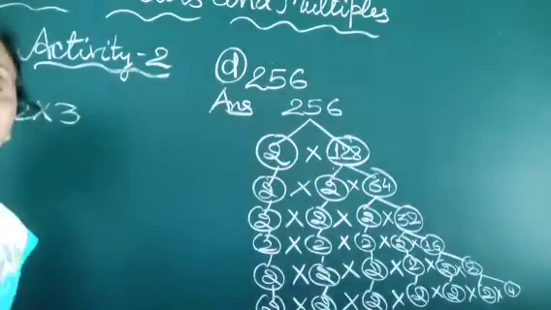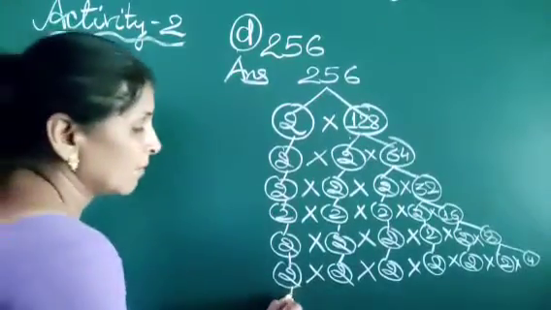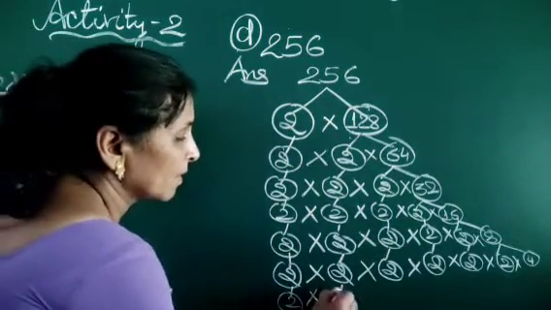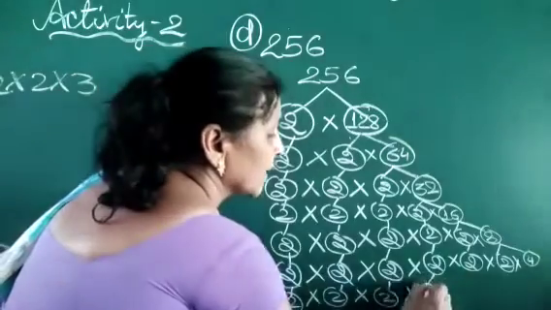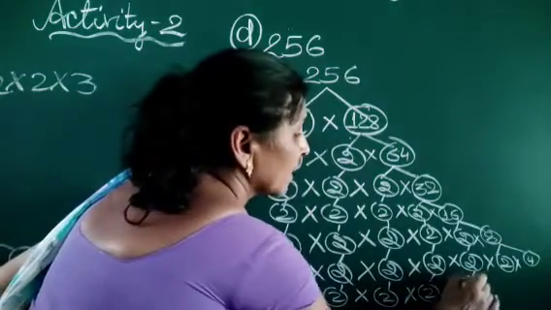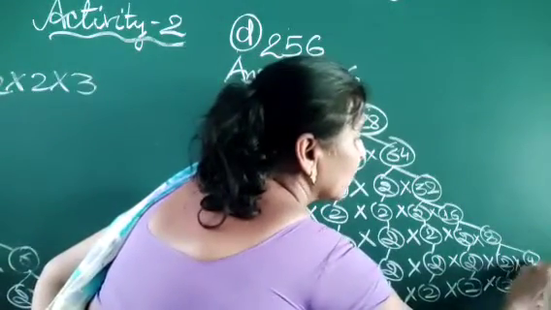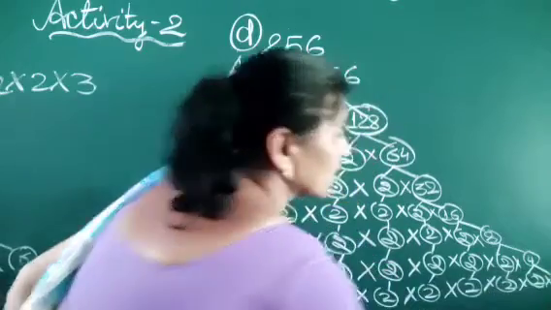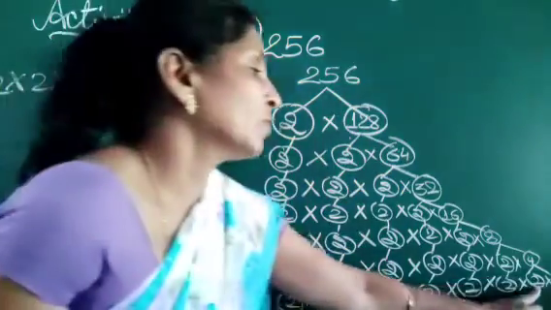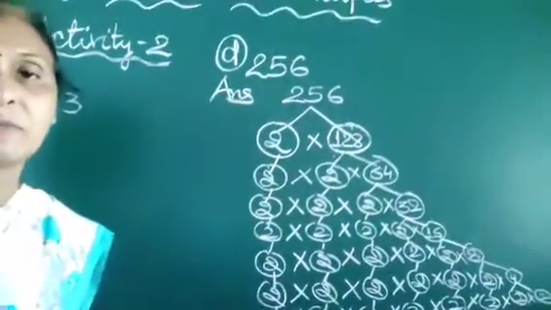Again here we write 2, here 2, this 2, then again this 2 we write here. And 4 is divided by 2, then it comes 2. When 2 is multiplied by 2, then 4 comes.